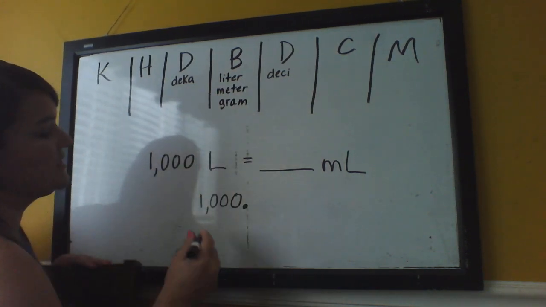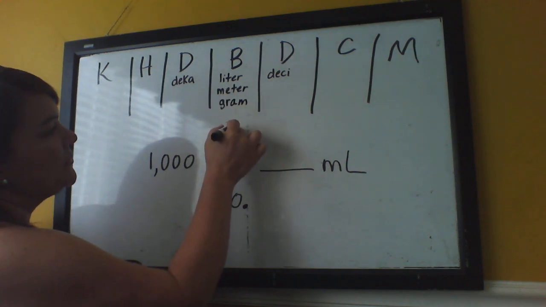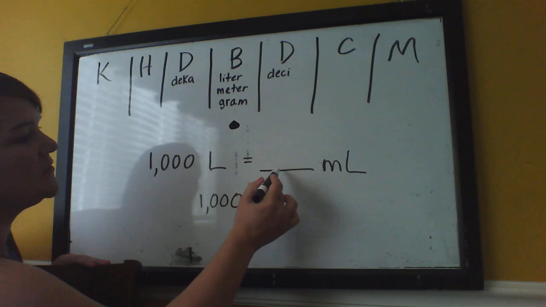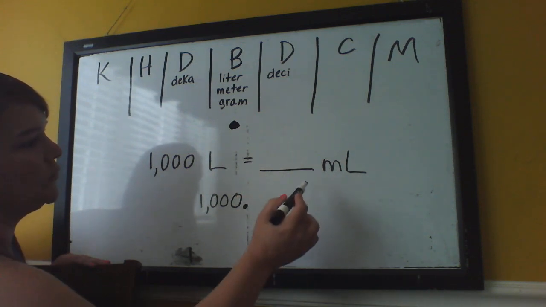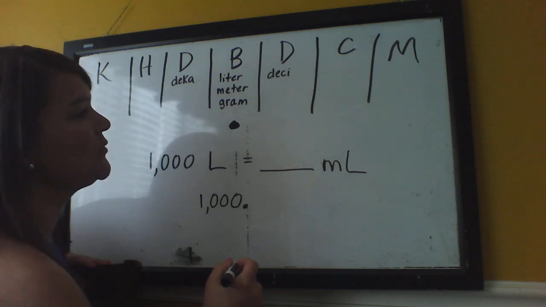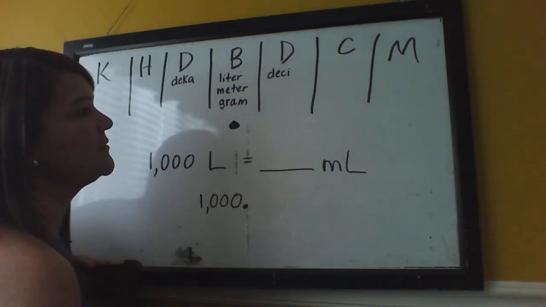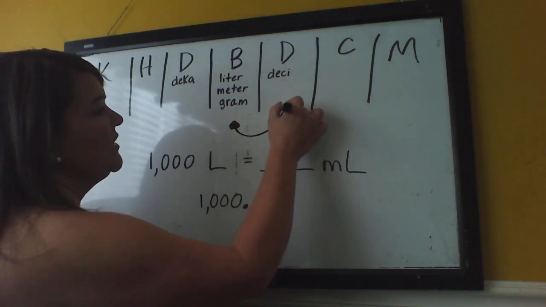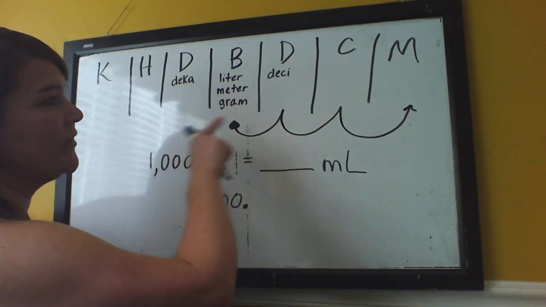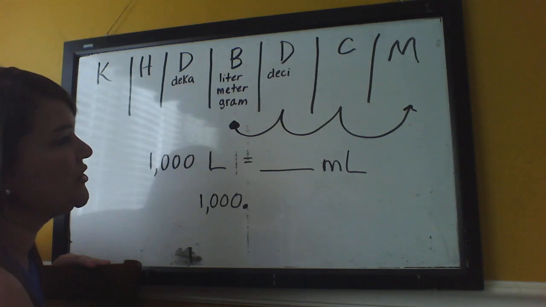Okay? So since I'm starting at the base, I'm going to put a little dot underneath my base. Okay? And then I have to ask myself, where am I going? Well, I'm going to milliliters. So I'm going to see how many jumps do I have to get to milli. Well, I'm going to go 1, 2, 3 places, and I went to the right. So 3 places to the right.